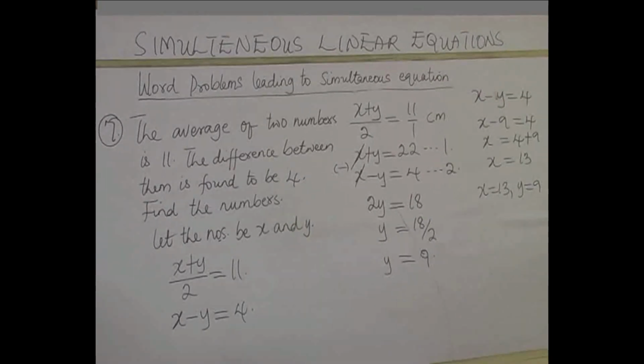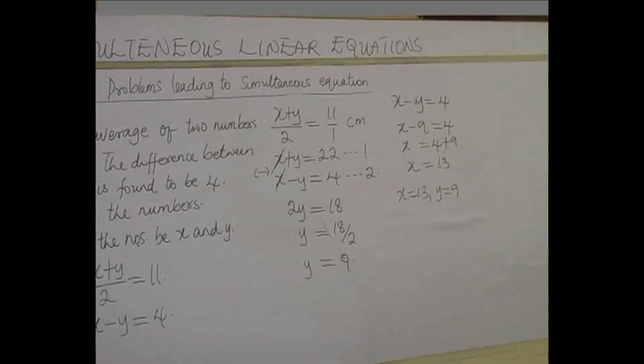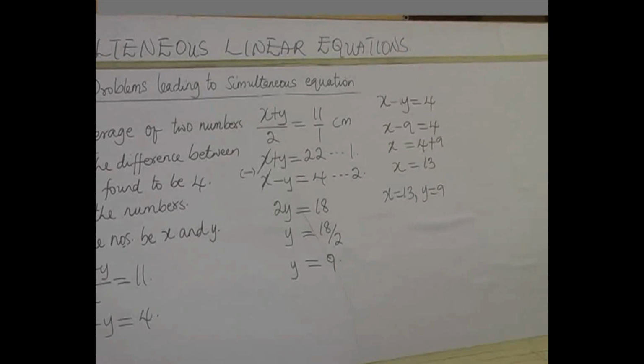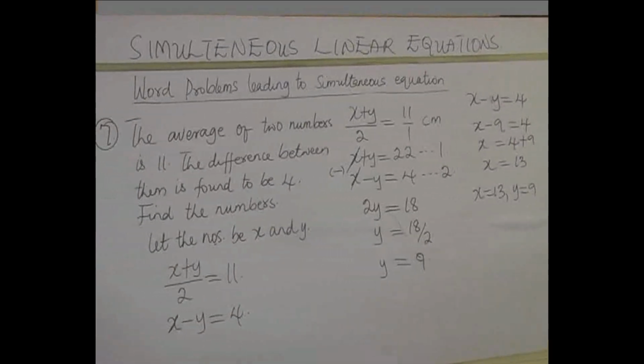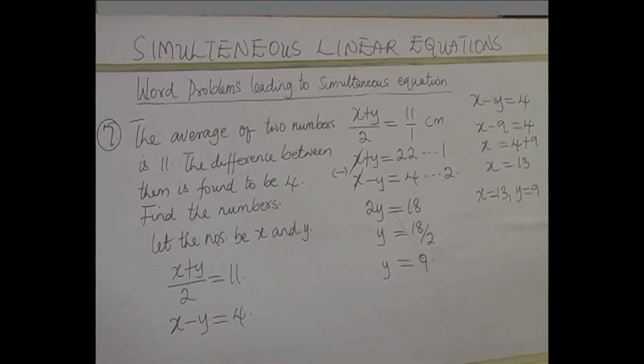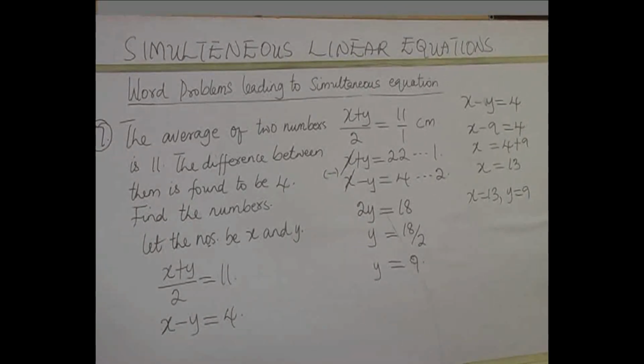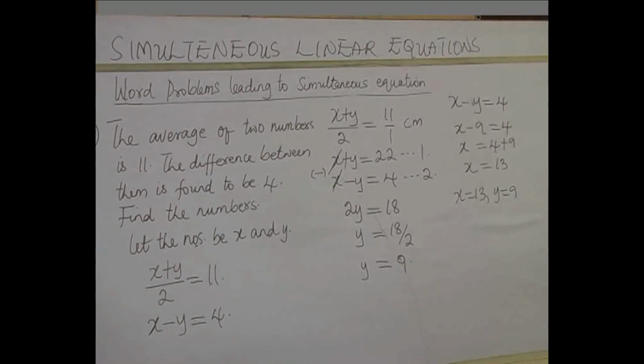Remember that the question says that we should find the numbers. The numbers have been found to be 13 and 9. If you look closely, they say that x minus y is equal to 4. X is 13 and y is 9.